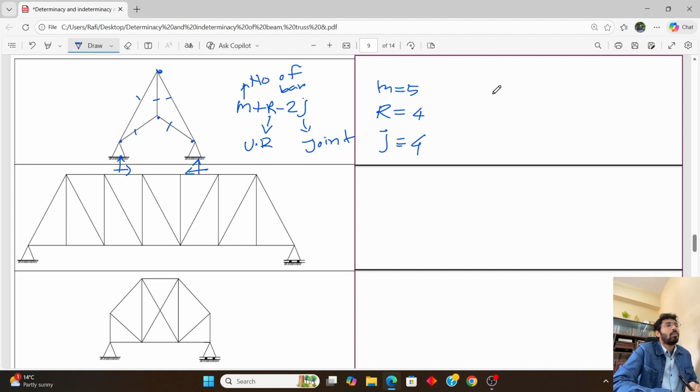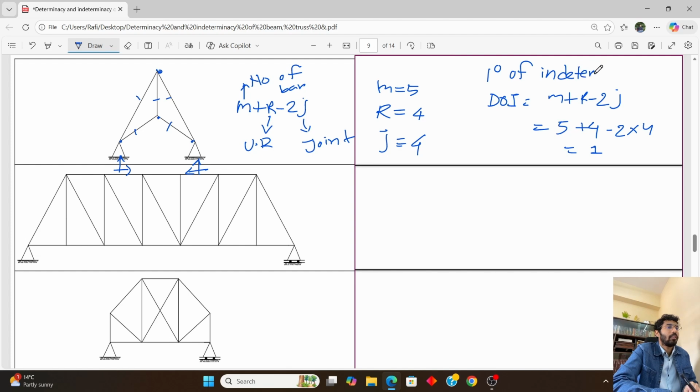So what will be the value of DOI? M plus R minus 2J. M is 5 plus R is 4 minus 2 into 4. 5 plus 4 is 9, 4 into 2 is 8. The value will be 1. So we can say that the truss has 1 degree of indeterminacy. This is how we will calculate the truss.